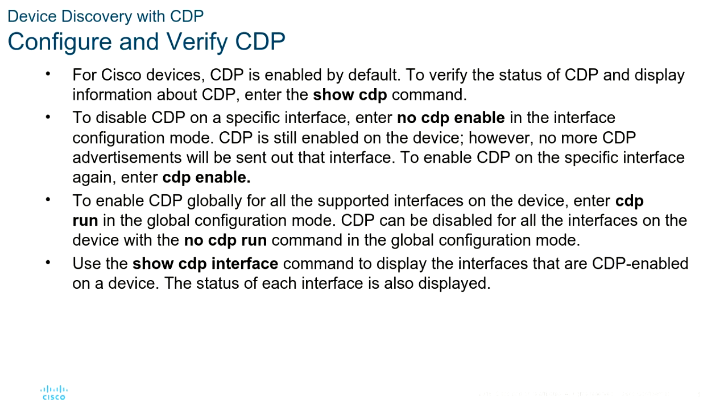No CDP run turns it off globally for the whole device. And then we're probably going to leave it running for almost every port in our enterprise, and we'll just turn it off for those ports that go to untrusted areas, so we don't give away the farm. We can use the command show CDP interface, and it'll show us which ones are enabled, and what the status of each one is.